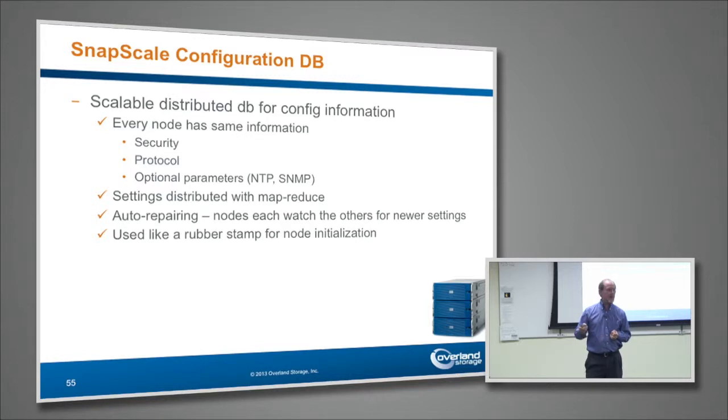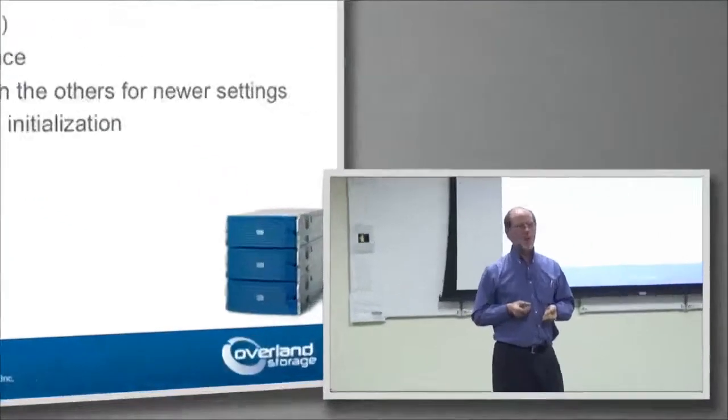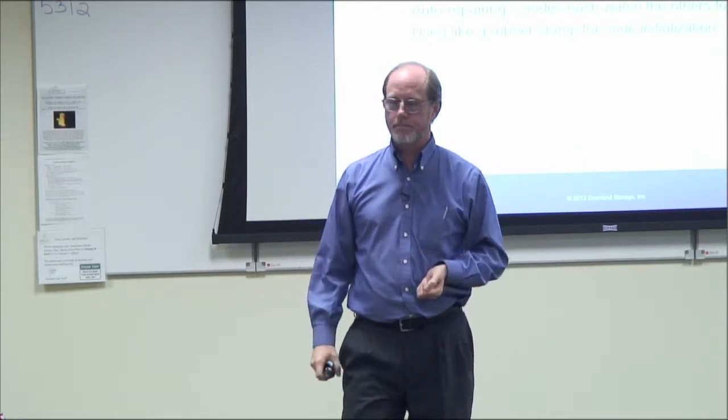And so if it discovers that it's down rev on one of its fields, it will then proactively get that field updated. So it's kind of a two-way update. We map reduce the information out to the nodes, and then the nodes themselves are also looking to make sure that they are up to date as well.